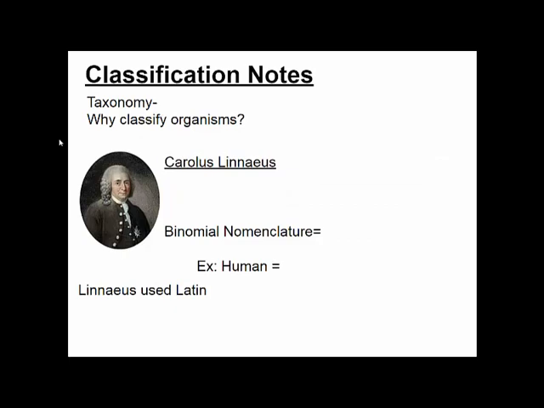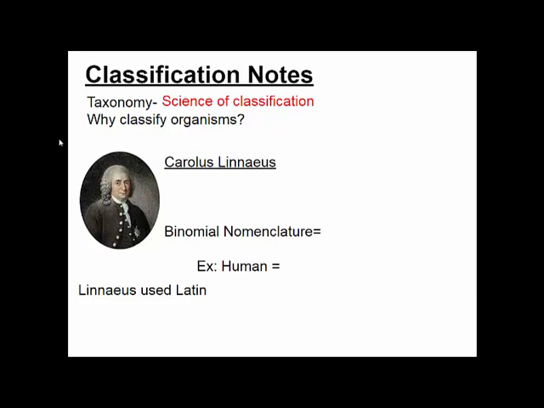So we'll start with just some general information about the science of taxonomy and what it means. And then we're going to start to get into what are the groups that scientists use to categorize living things, what determines what organisms are in each group, and talk about some examples. So taxonomy is the science of classifying or grouping living things.